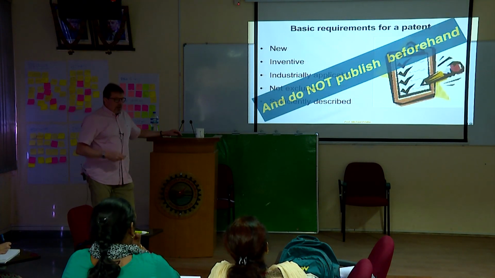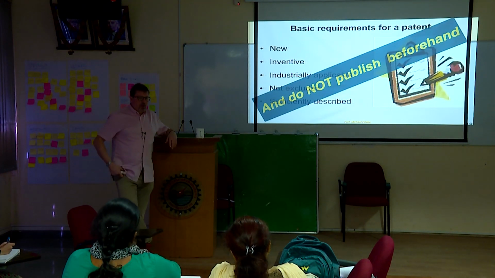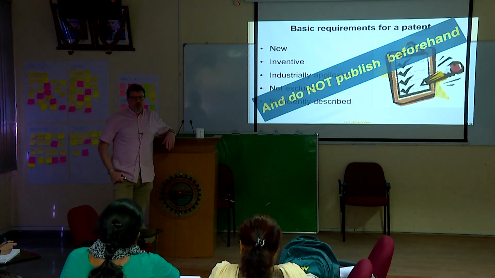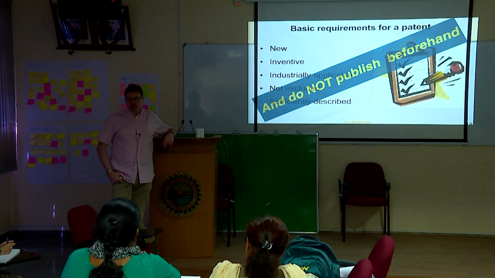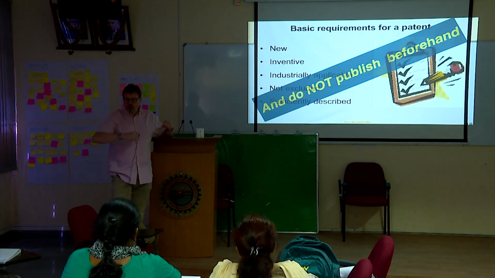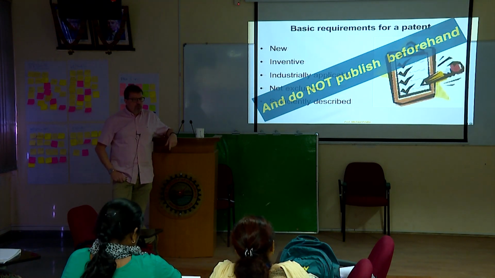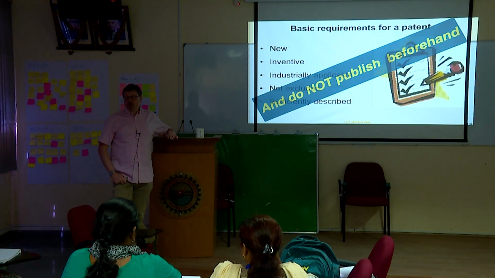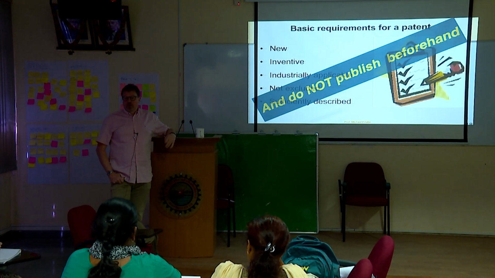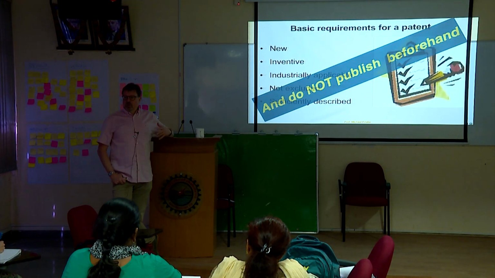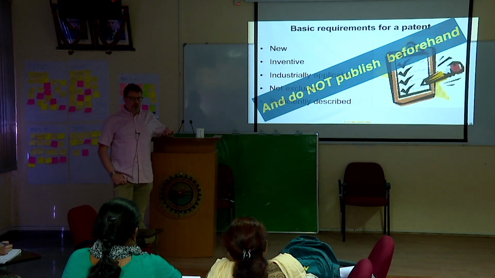Okay. Now the most important thing is what a lot of scientists love to do is publish papers, right? We want to have a Nature paper or whatever, really good stuff. Lots of impact points. As soon as you have made your invention publicly available, you disclose it, you basically show it, you cannot patent it anymore.